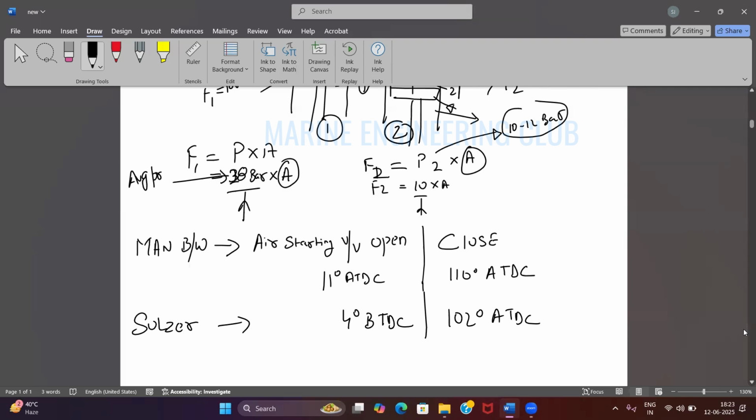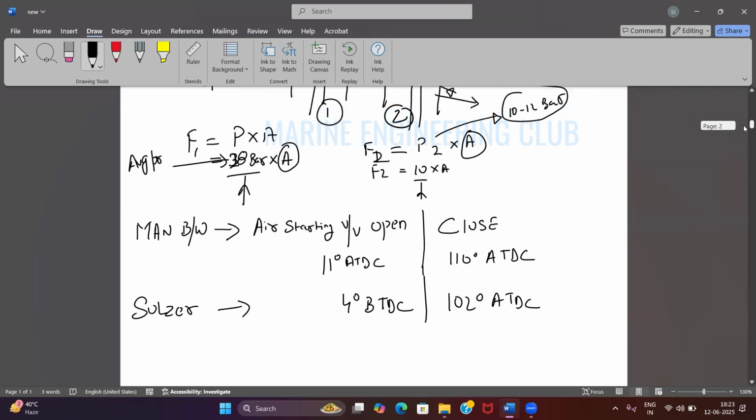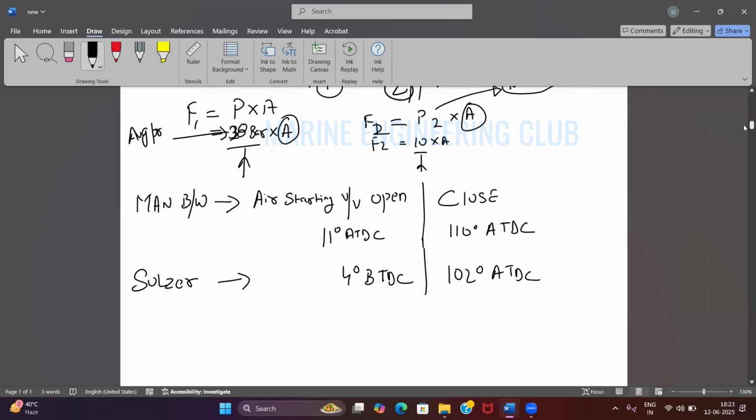But now, to understand how many units we require to actually use an air starting valve and all those things, I will take this starting as 0. This is the actual opening of the valve, 11 degrees after TDC.